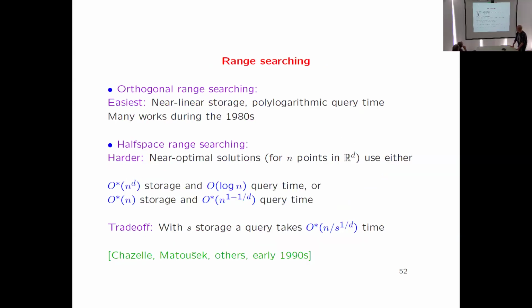So for half space range searching, the results were of two kinds. Either you want fast query time, then you need about n to the d storage, or you want linear storage, and then the best one can get is n to the 1 minus 1 over d, plus epsilon. Again, there are some lower bounds in suitable models, and you can do a trade-off with any value of the storage.